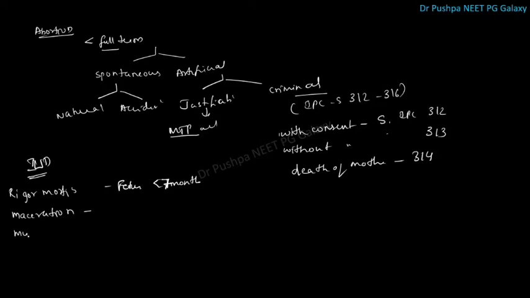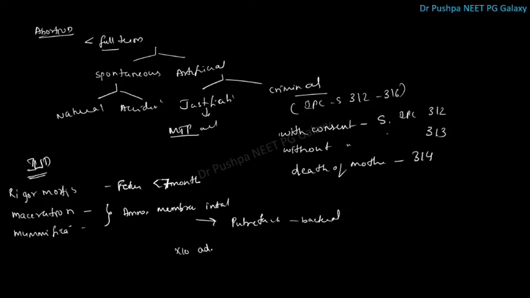And we can see mummification, that is desiccation. These can be seen if amniotic membrane is intact. So if amniotic membrane is not intact, then we can see putrefaction, that is there will be bacterial entry.